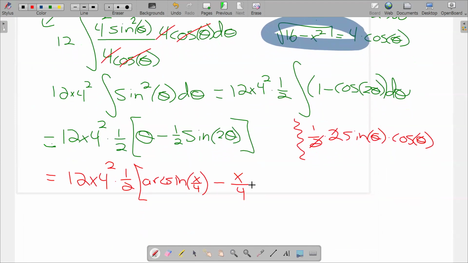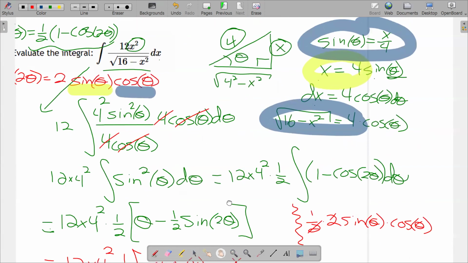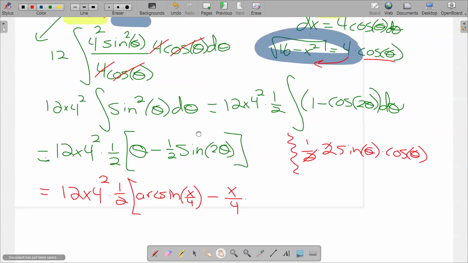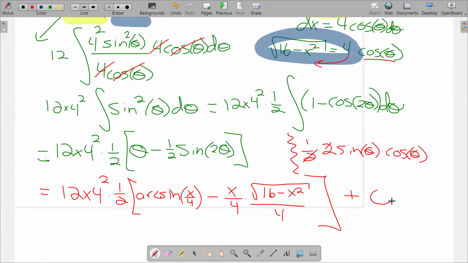Times the cosine of theta. What's cosine of theta here? I would just have to divide that 4 to the other side. So it would be the square root over 4. That's a beauty.